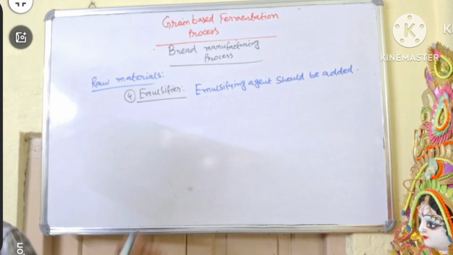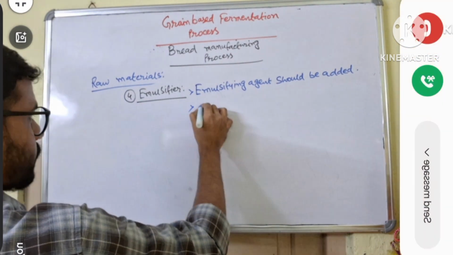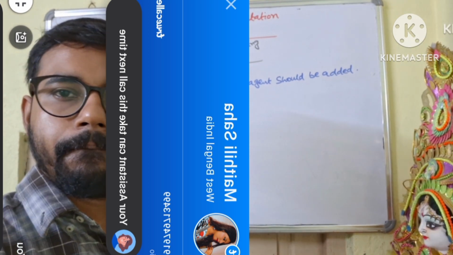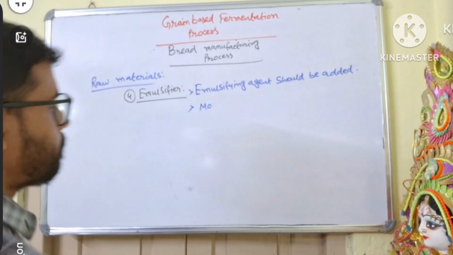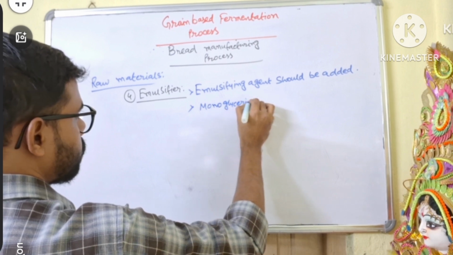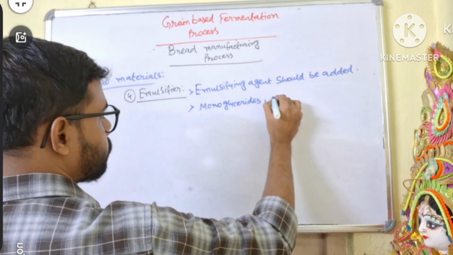And good examples of emulsifying agents are monoglycerides, triglycerides.